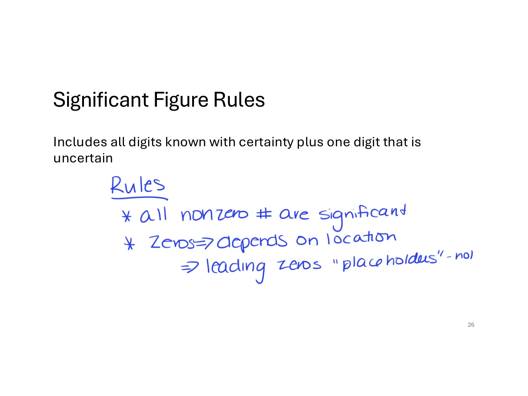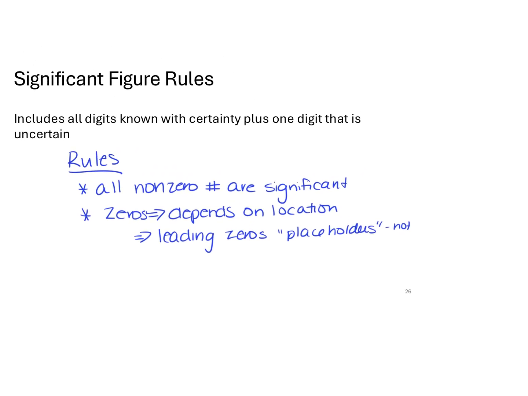These are not significant. We can also have trailing zeros that are placeholders. These are also not significant. And we're going to look at some examples of this.